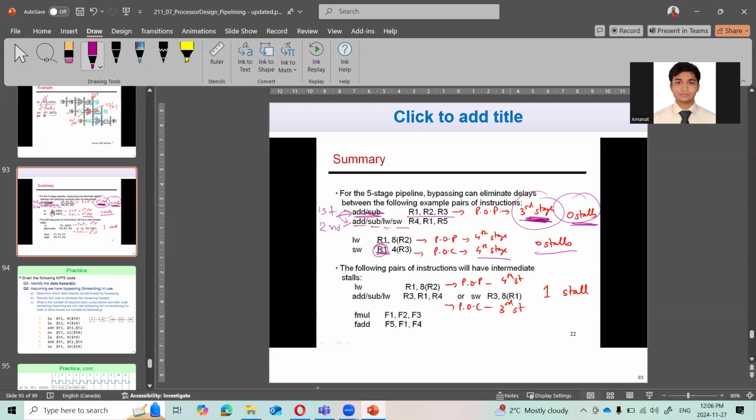R1 is the value, and you need it at the fourth stage for the store operation. But if this was R1, then you would need 1 stall. But for this particular case, you don't need any stalls.